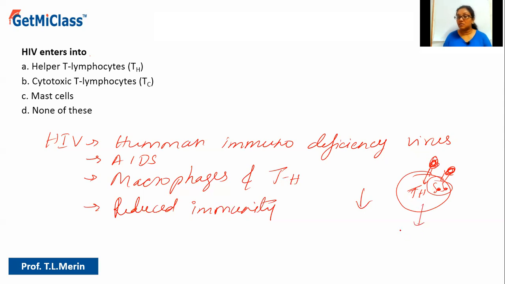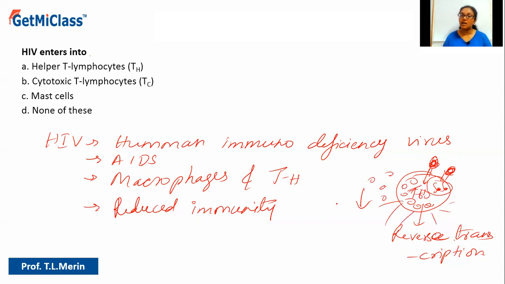This process is called reverse transcription, by which RNA is used as a template and DNA is formed. The viral DNA will be formed, and further viral particles will be coded. So many viral particles will be formed, and these cells will burst out, releasing the particles outside. And that's how there is a reduction in T helper cells.